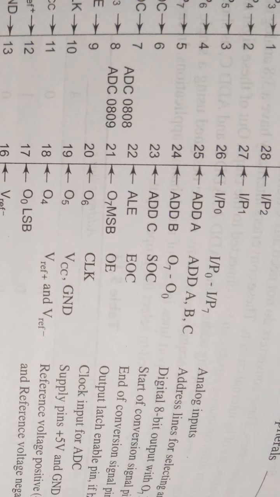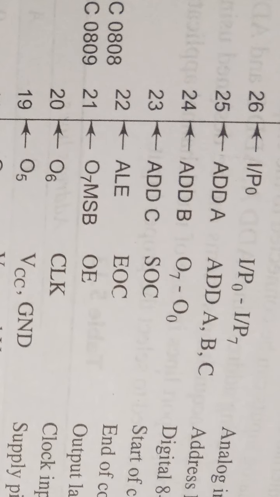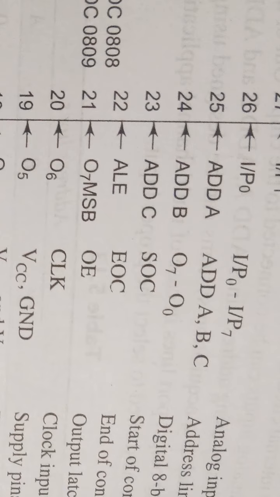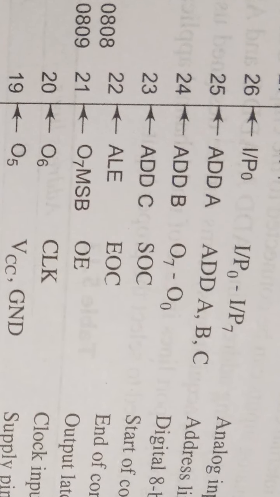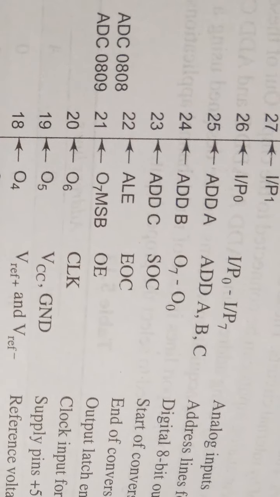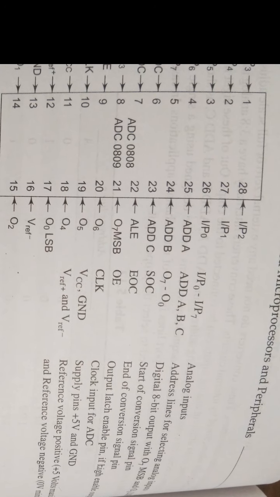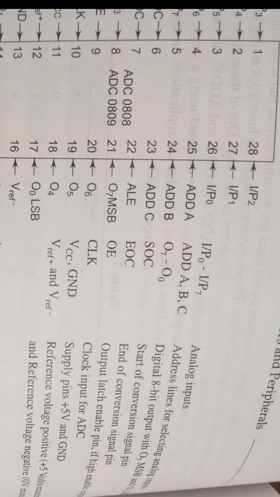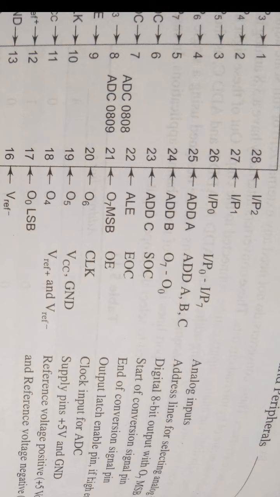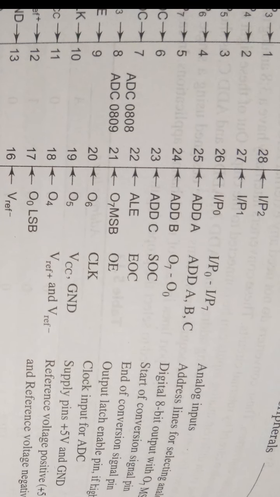Then address lines for selecting analog inputs, ABC, ADD A, ADD B, address line ADD C, and the start of conversion signal. Pin number 6 is the SOC, start of conversion, and pin number 7 is the end of conversion signal.